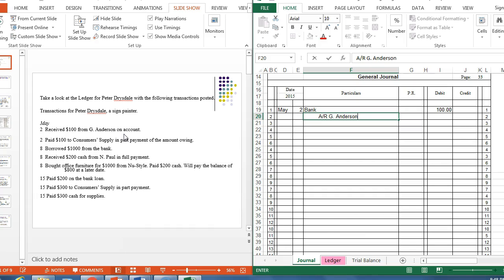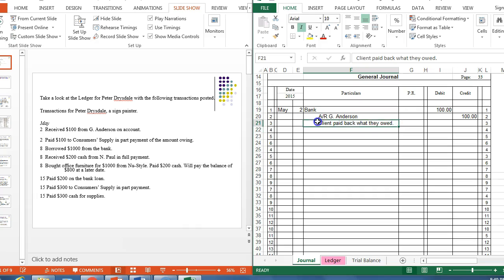Make sure you write the name of the person that you are receiving the money from so that you can properly record it in the ledger later. And then we're going to go over to the credit column and record it there. And it doesn't give us a source document number, so we can say client paid back what they owed.